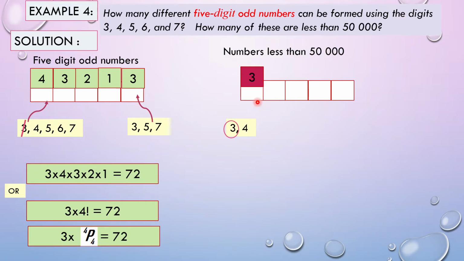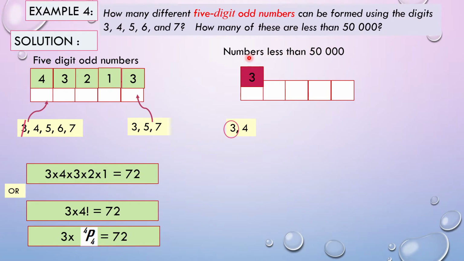Now remember, for the second question, you are asked to find how many of these are less than 50,000. That means we are referring to the odd numbers. From the odd numbers, in total we have 72. Out of these 72 odd numbers, how many numbers are less than 50,000?